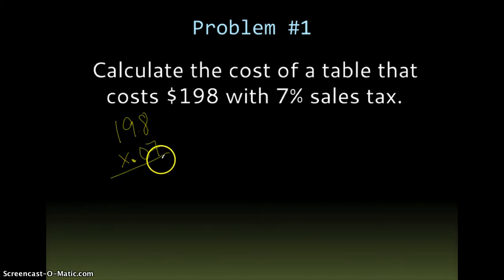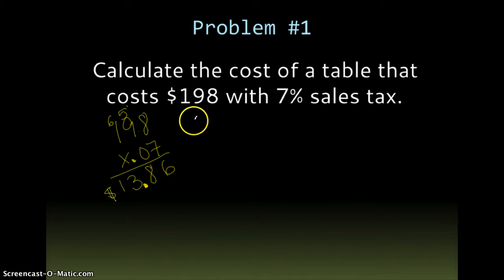We have 8 times 7, that's 56. Carry the 5. 9 times 7 is 63. Plus the 5 is 68. Carry our 6. 7 times 1 is 7. Plus 6 is 13. Okay, we have 2 decimal places, so we are going to move it 1, 2. Okay, and so this is how much tax we're paying on this number.